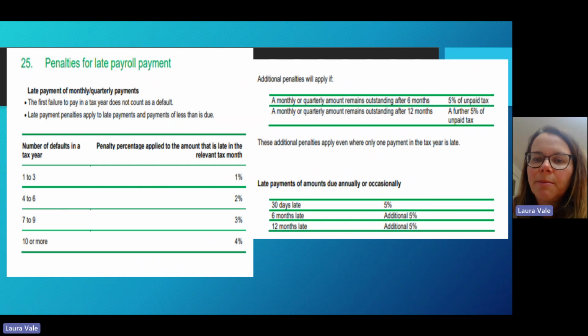These additional penalties apply even where only one payment in the tax year is late. So in other words, the first failure doesn't count for this bit, but if it's more than 6 months late, you still get the 5% of the unpaid tax. And then here you've got late payments of amounts due annually or occasionally. So this really relates to those settlement allowances, and you'll just apply these rules.